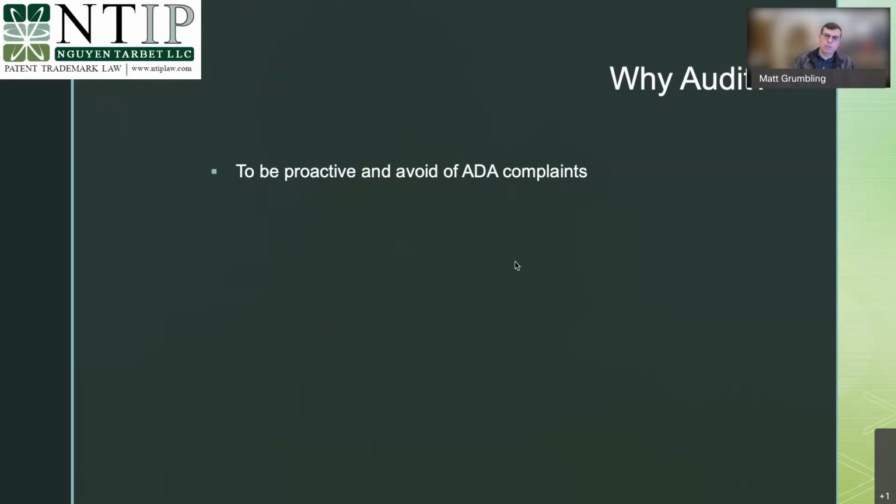They don't have to be. They just wheel up in their wheelchair. They wheel through your parking lot. They find that they have a hard time getting from their car to the ramp because the parking lot's too steep. They have a hard time getting up the ramp because the ramp is too steep. They have a hard time getting in the door because the door isn't in compliance with the ADA.